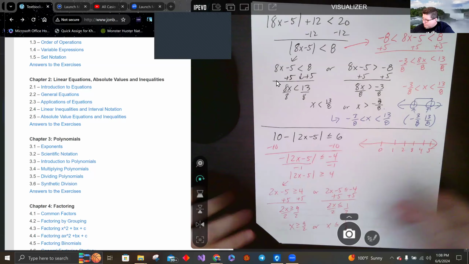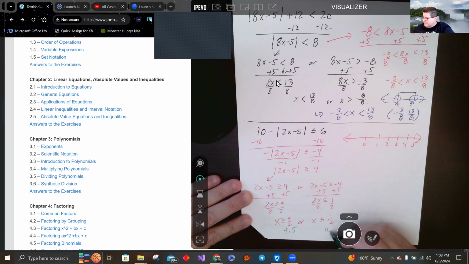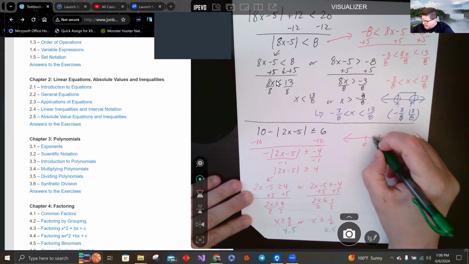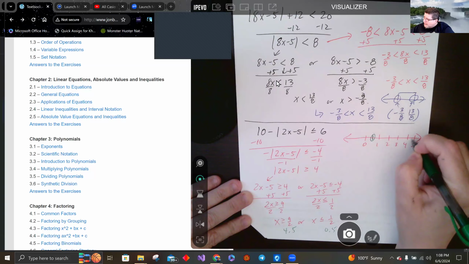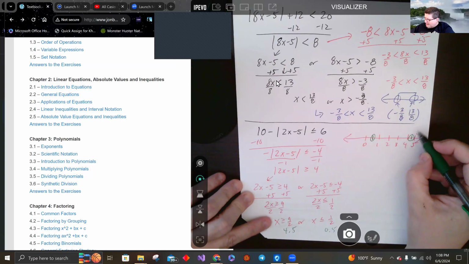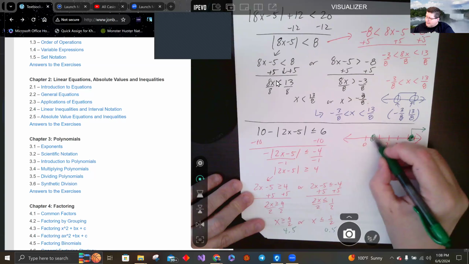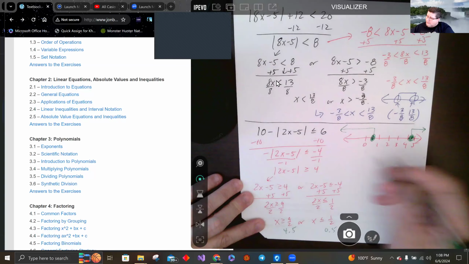Nine halves is 4.5. 1/2 is 0.5. So we're looking at right here and right here. Greater than 4.5 is to the right, and we fill in the bubble. Less than 1/2 is to the left, and we fill in the bubble.